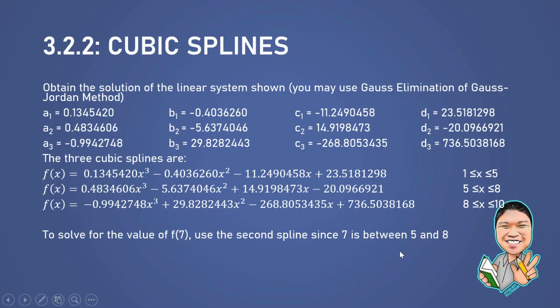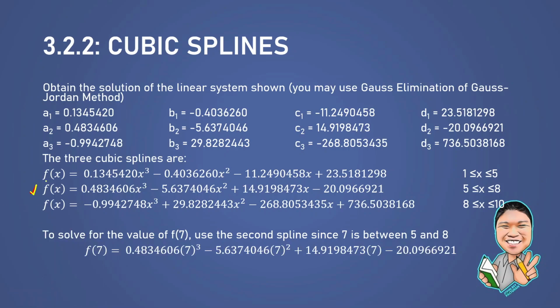And take note, ang tanong originally sa problem na to is the value of f of 7. So, syempre, from the given interval, aalamin mo kung saan nagigitna yung 7. And in this case, nandito siya sa second spline kasi 7 is between 5 and 8. So, for the second spline, which is ito siya, dyan mo isa-substitute yung 7 natin.